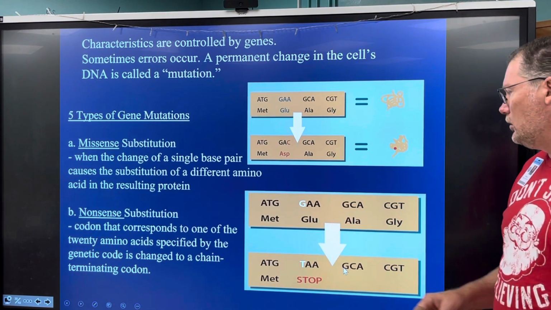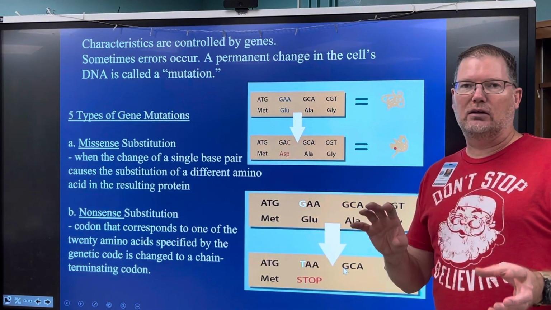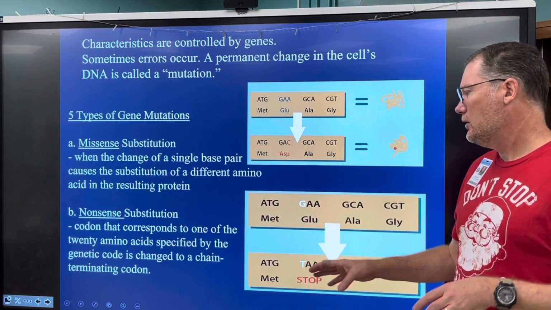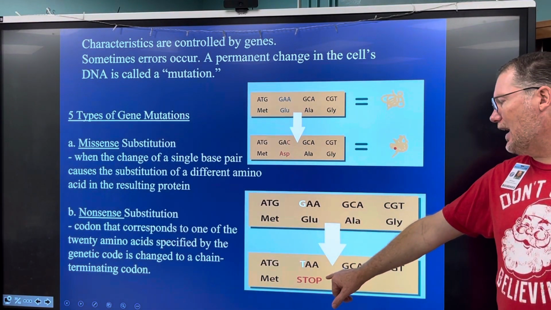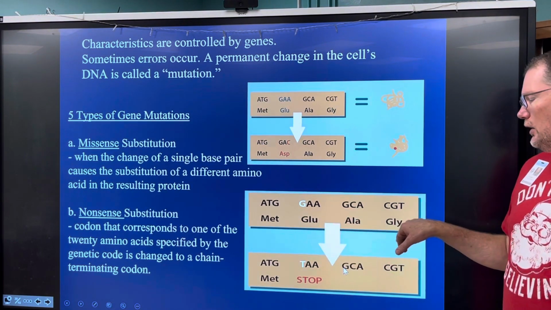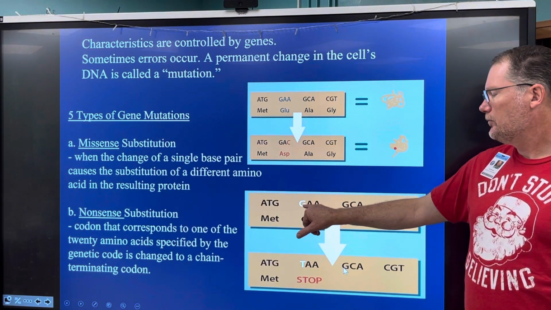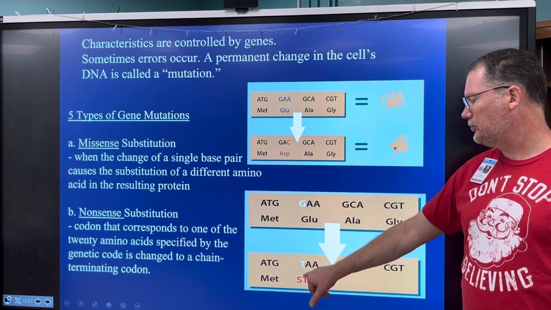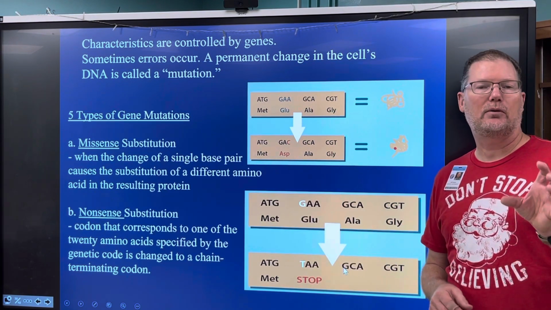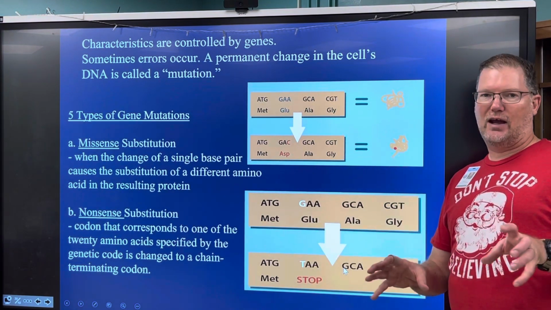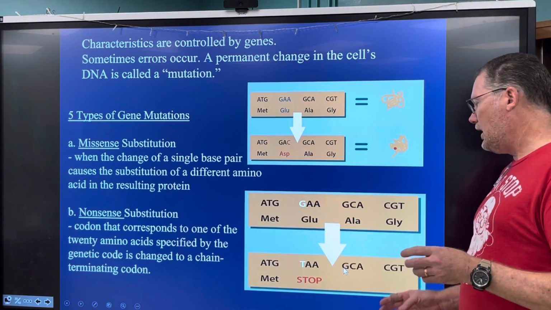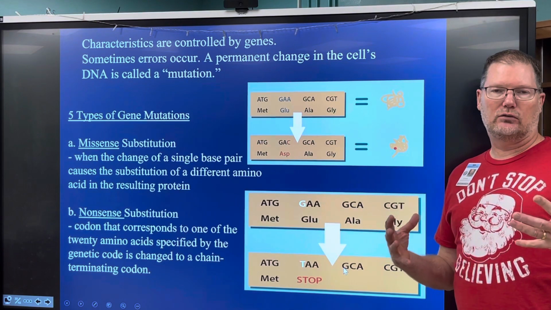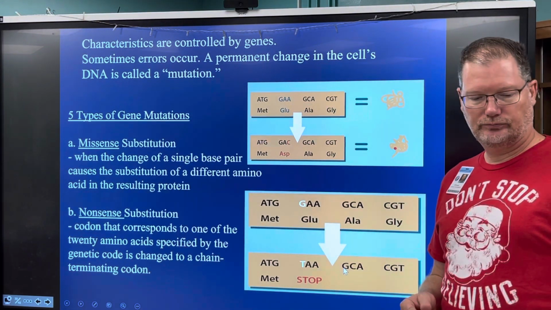The next one's called nonsense substitution. So now, non meaning like no, okay? A codon makes it stop instead of continuing. So if you have one of these base pairs out of place, and it creates a stop message, for the transfer RNA, it will not produce any more of that chain, and you'll get a different result, okay?